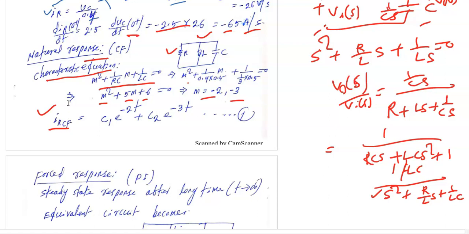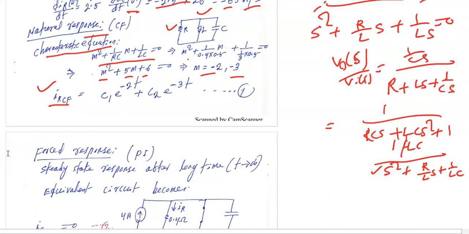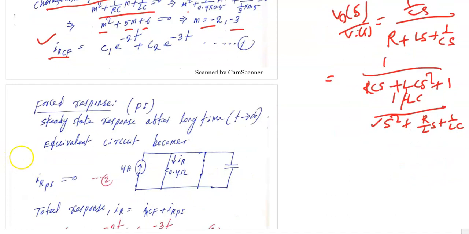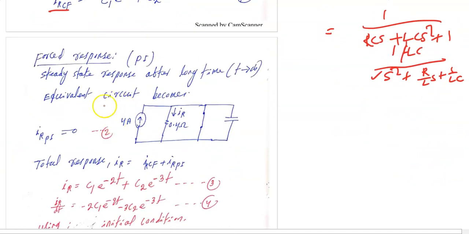Now one part is over. Then the forced response. How to find the forced response? Forced response is the steady state response, the particular integral or steady state response after a long time. So at steady state, the equivalent circuit becomes what you get when you allow time to go to infinity.